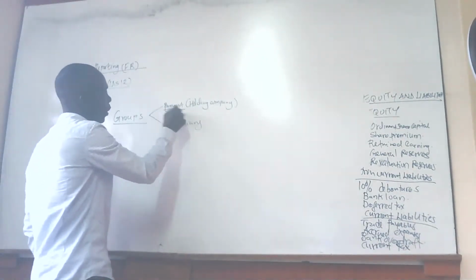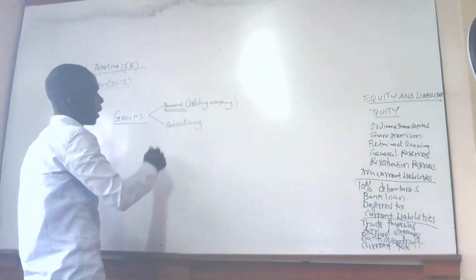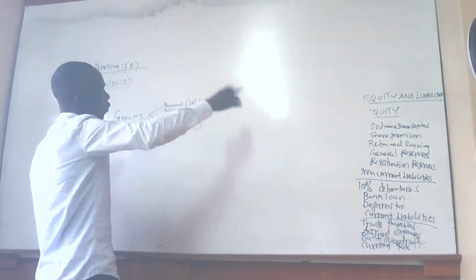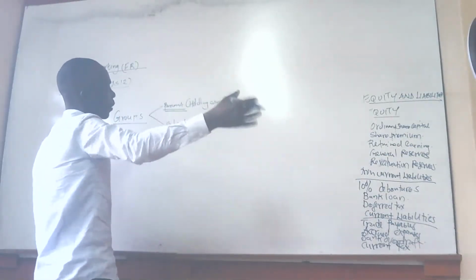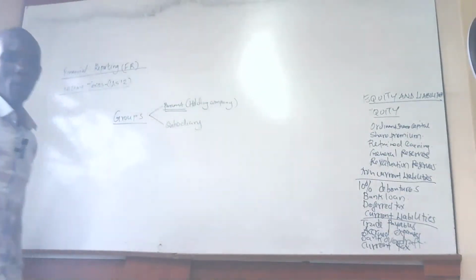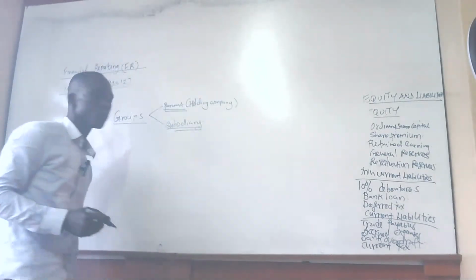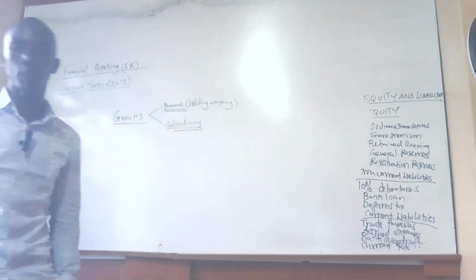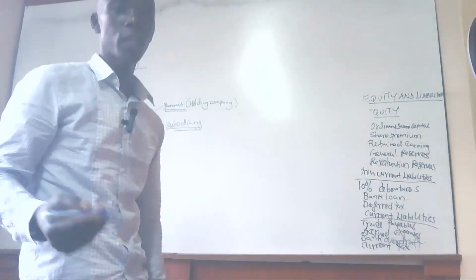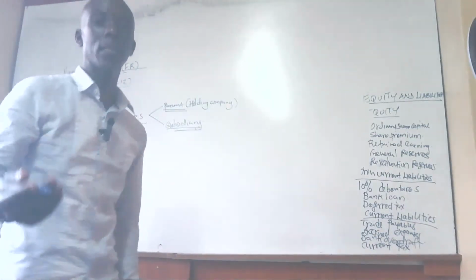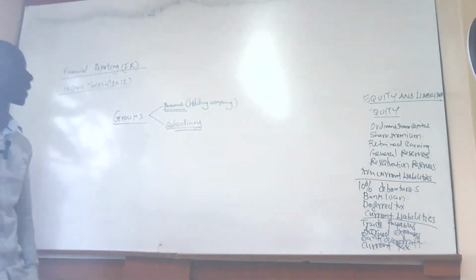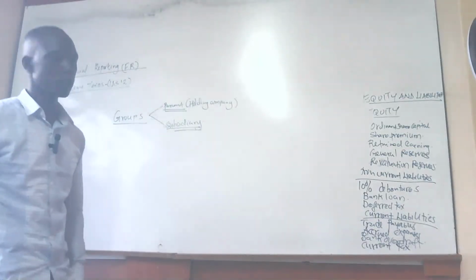That is what we call the parent company, or that company which controls the interest or equity shares of another company, in simple language. When we talk about the subsidiary, it is that company whose equity interest is controlled by another company at more than 50%.